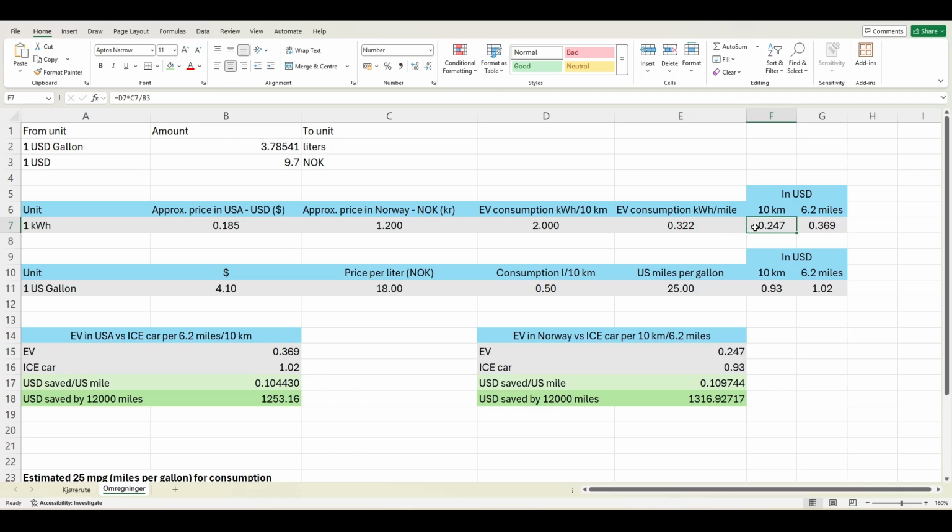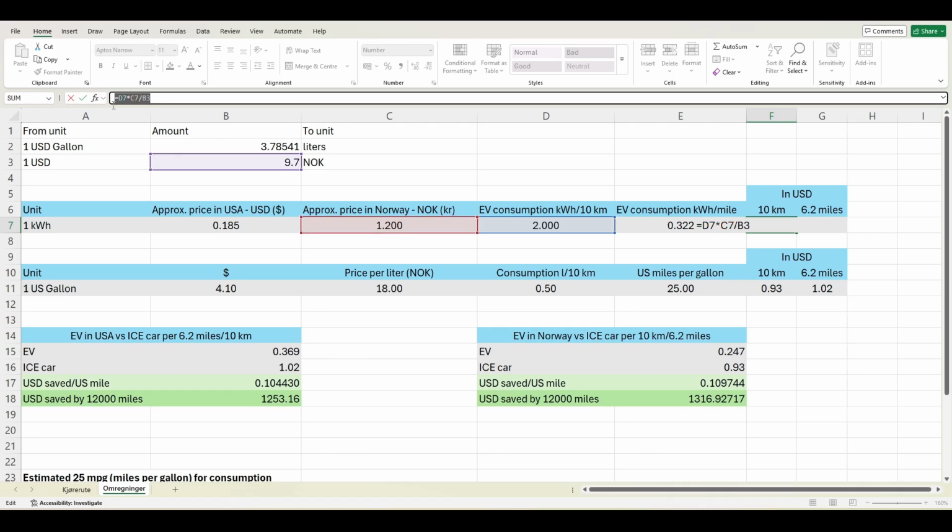So calculating the price in Norway equals D7, I mean B3, divided because of the price.